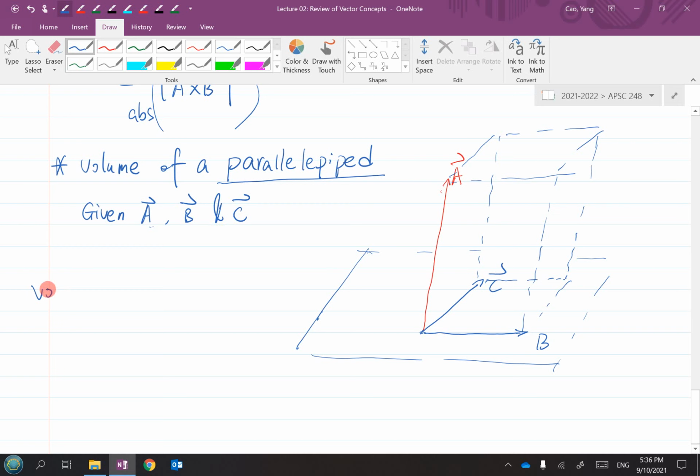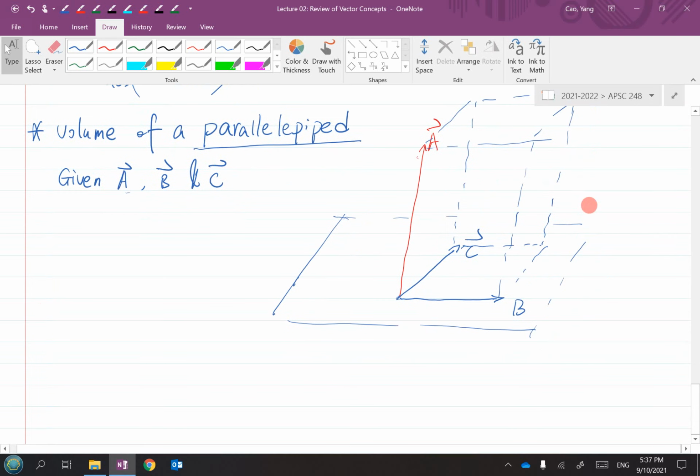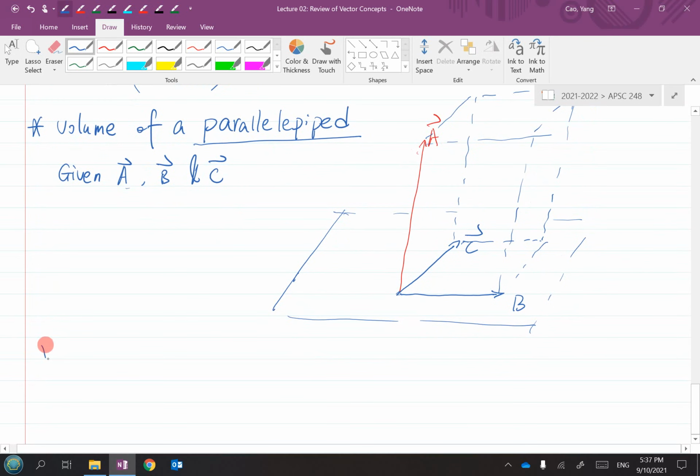But I will start from the very basic definition for the volume of a parallelepiped. When you have a parallelepiped and you want to find its volume, the basic formula is you need to find the base area first, and then you multiply by its height.